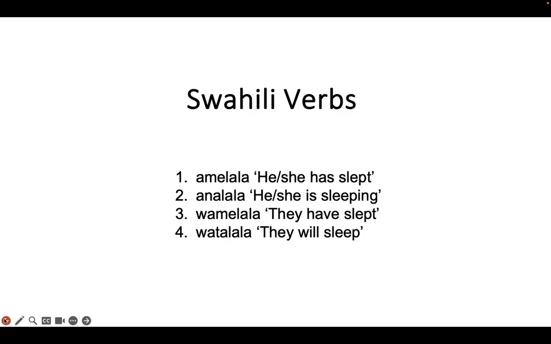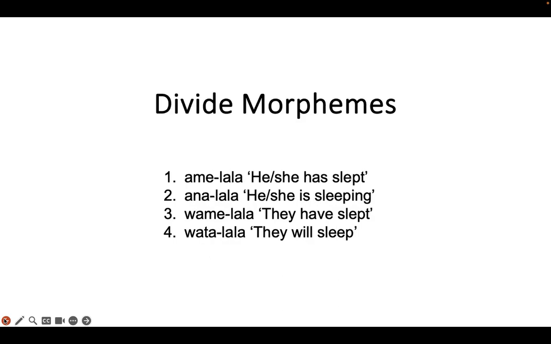And so that's the only thing that is the same in all of these words. And so we can guess that that is probably the root, and we'll work from that hypothesis. So we're going to divide up each of the words, putting a morpheme boundary before lala.